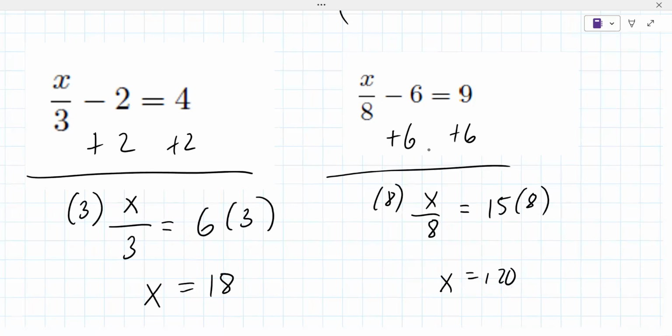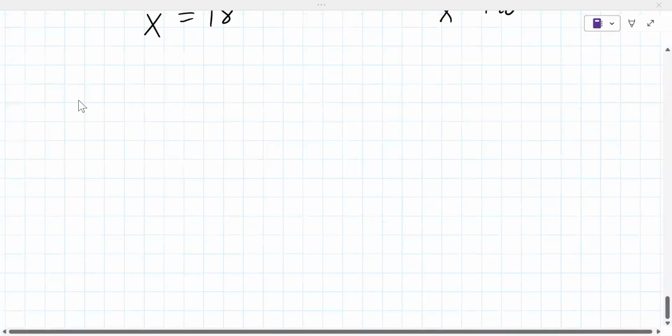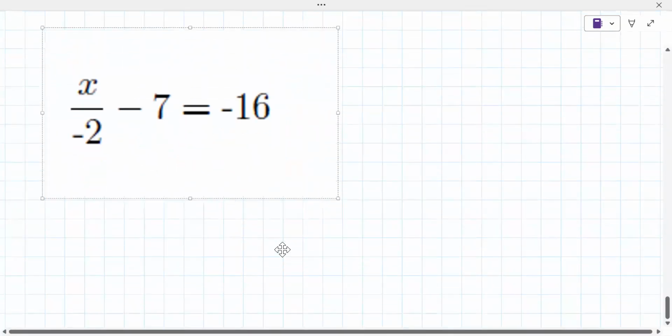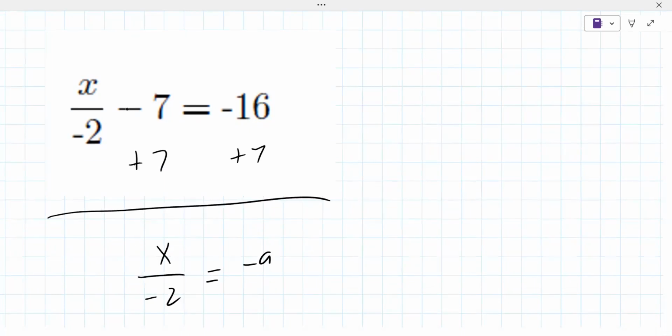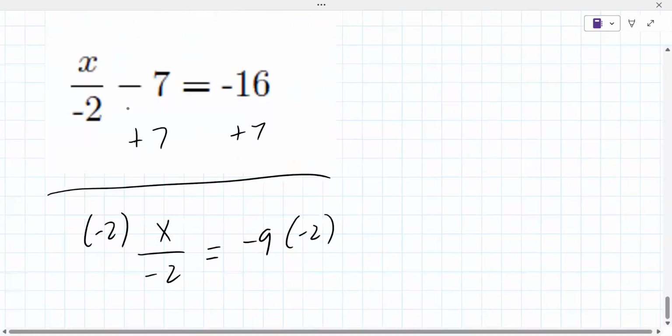Good. Now sometimes, and we'll have to dive more into this next time, the number on the bottom is negative, and I'll show you that here. A couple of examples. It can be a negative number on the bottom. You still undo addition and subtraction first. So you have X over -2 equals -9, times -2, times -2.